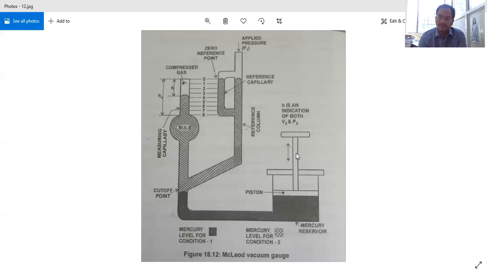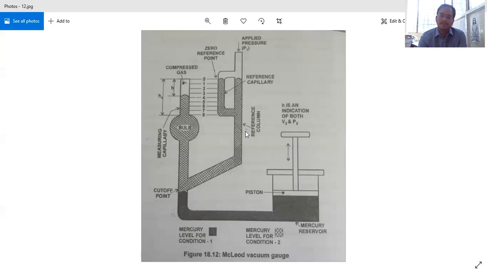The push applied here should be controlled such that initially the liquid mercury is stopped here. That's why we call this the cutoff point.